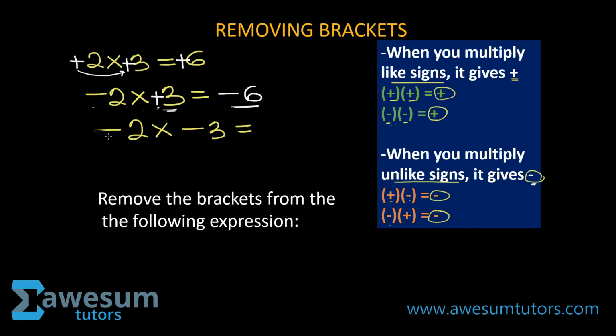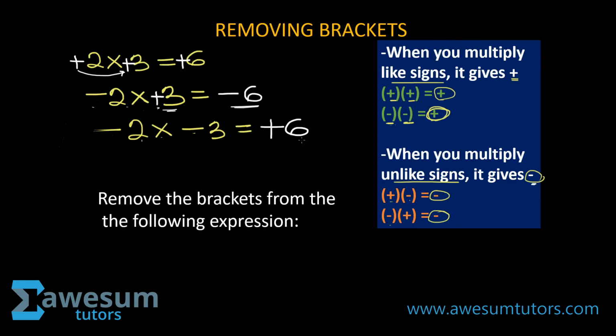Remember we said when you multiply like signs here, negative multiplied by negative should give you what? Positive. So that means negative here multiplied by negative, what is that going to give me? That's going to give me positive. Very good. 2 times 3 is going to give me 6. So that means negative 2 times negative 3 gives me positive 6.